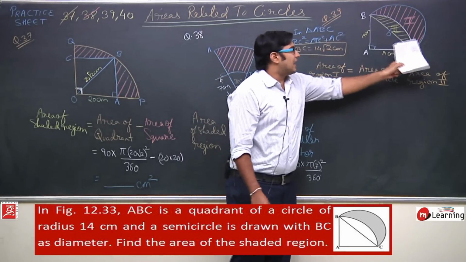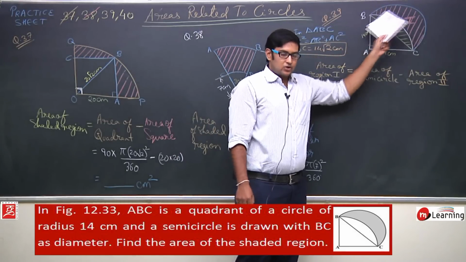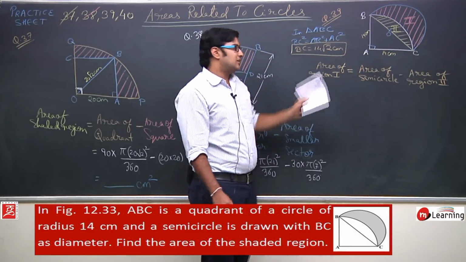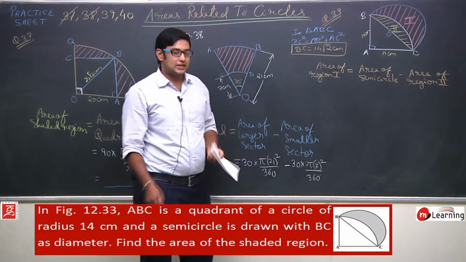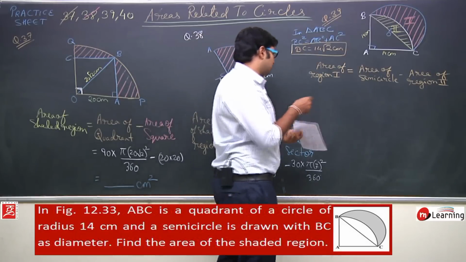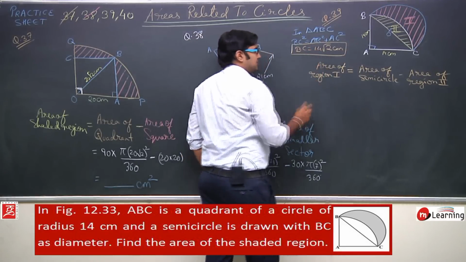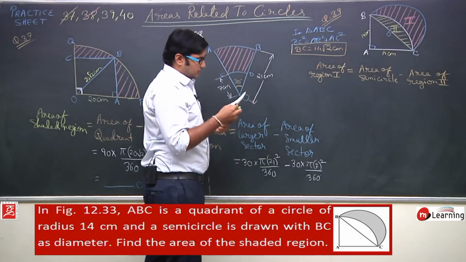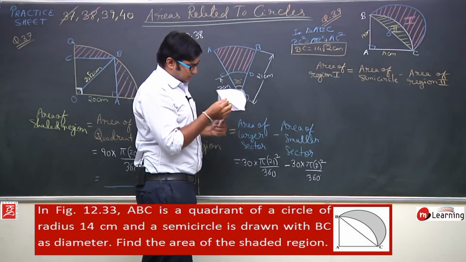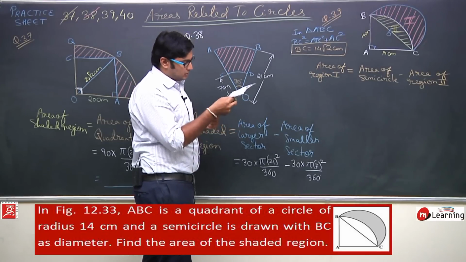Now BC is the diameter of this semicircle. So what will be the radius of this semicircle? Exactly half of this BC. Is the 14 centimeter the diameter or the radius?